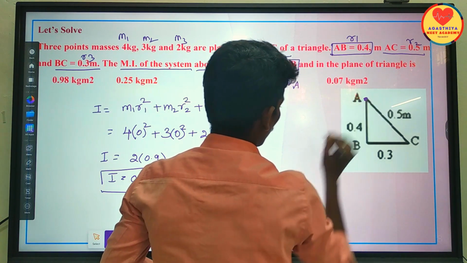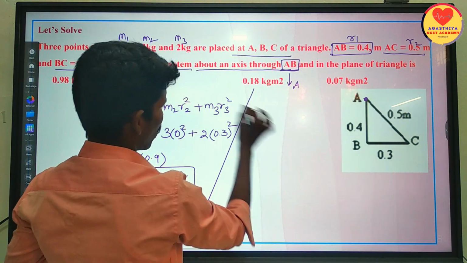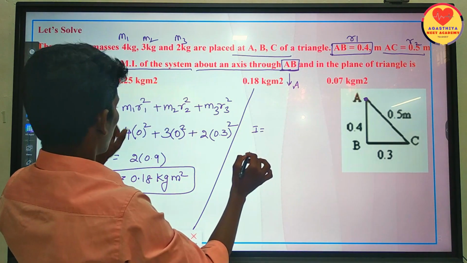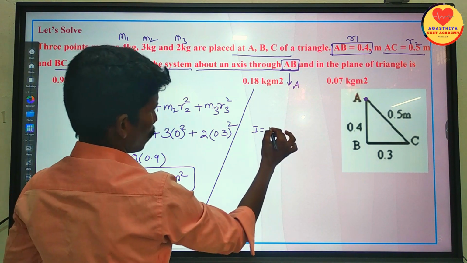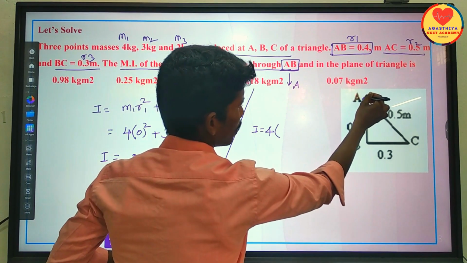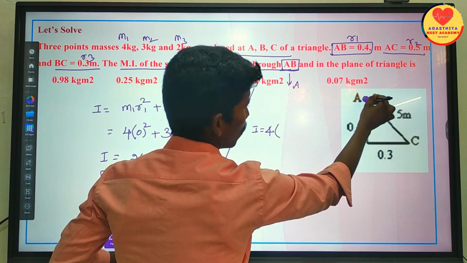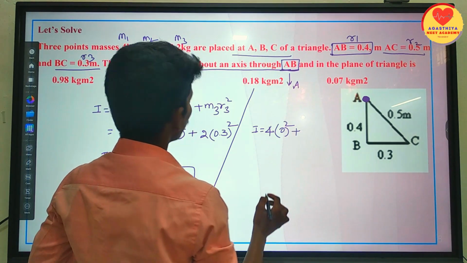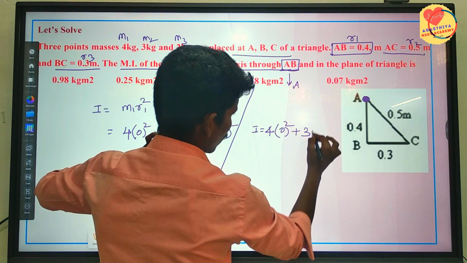Now this is the same formula. I equal to, what is M1? M1 is 4. There is no perpendicular distance for this mass, that is 0 square. Plus second mass 3.